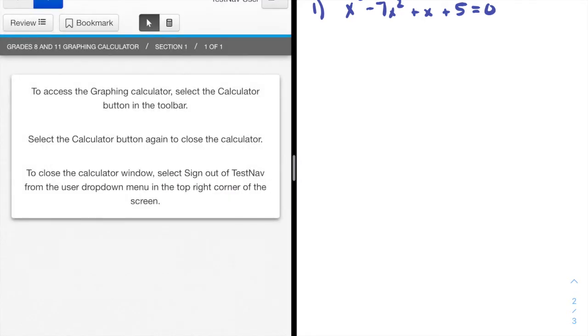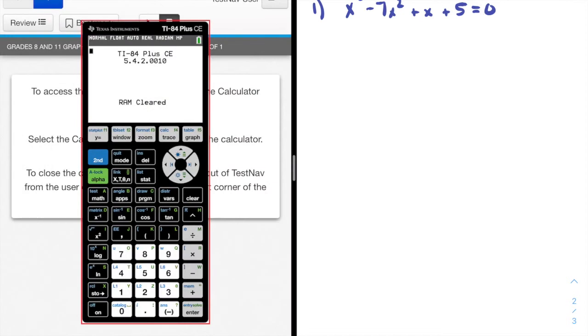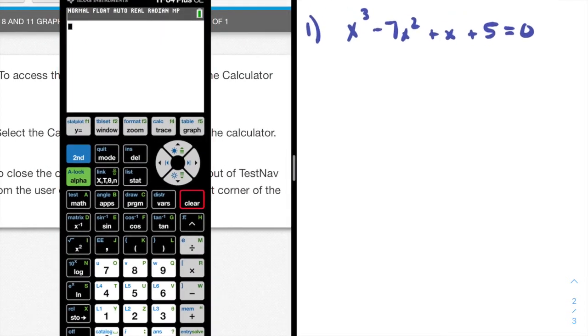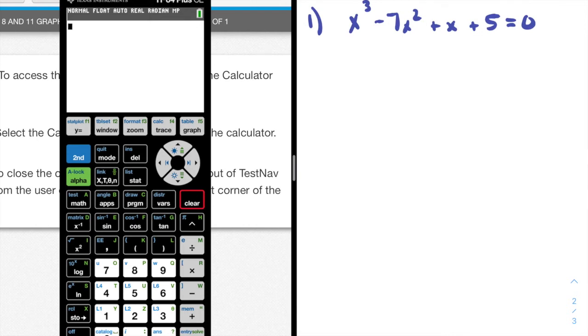Start. Okay, so there I have my graphing calculator, and so what we need to do is we need to put the equation into the graphing calculator to allow for the calculator to maybe give us a solution. So we're going to go to y equals, and we're going to plug this in.